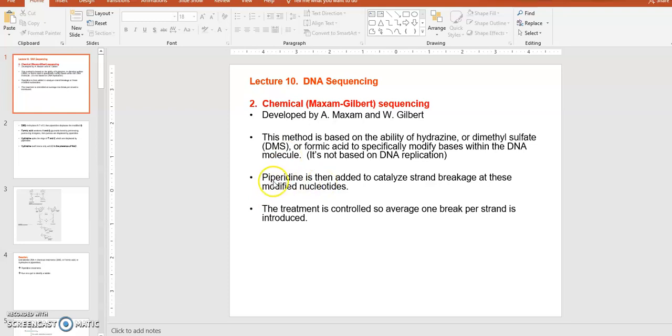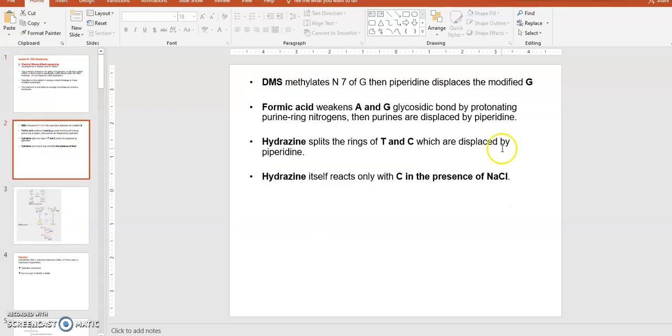These chemicals can also cleave the phosphodiester bonds. So by combining these chemicals, you can modify bases and cut up those DNA molecules that are modified. Let me show you this diagram before that.